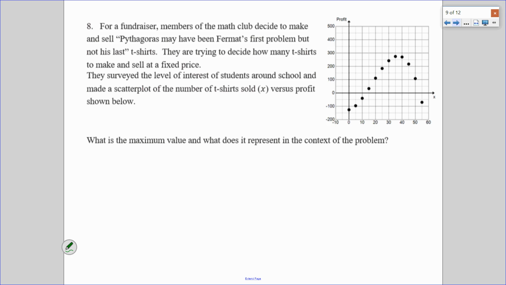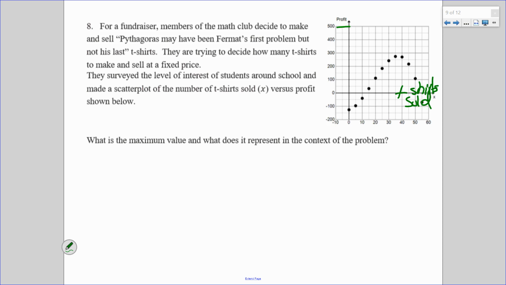What can I say? They are trying to decide how many T-shirts to make and sell at a fixed price. They surveyed the level of interest of students around school and made a scatter plot of the number of T-shirts sold versus profit shown below. So my x-axis is my T-shirts sold, and my y-axis is my profit. So it says, what is the maximum value?